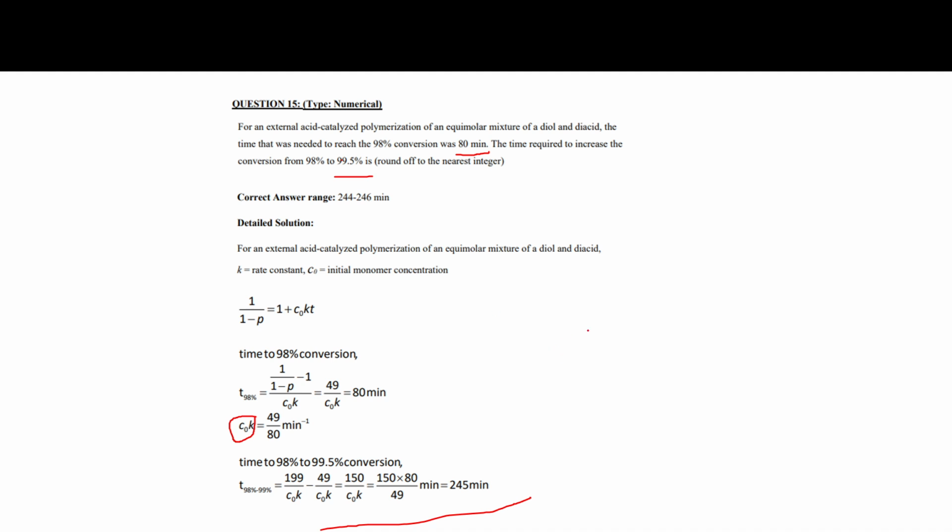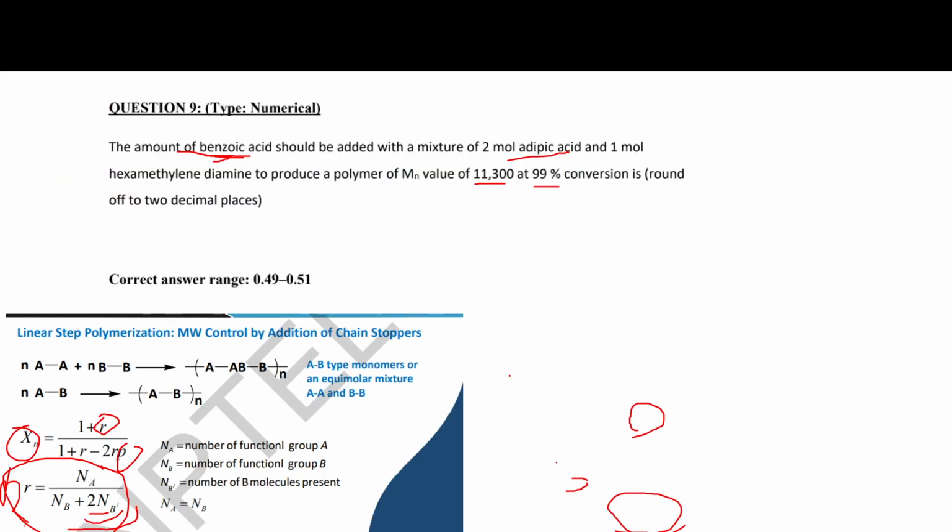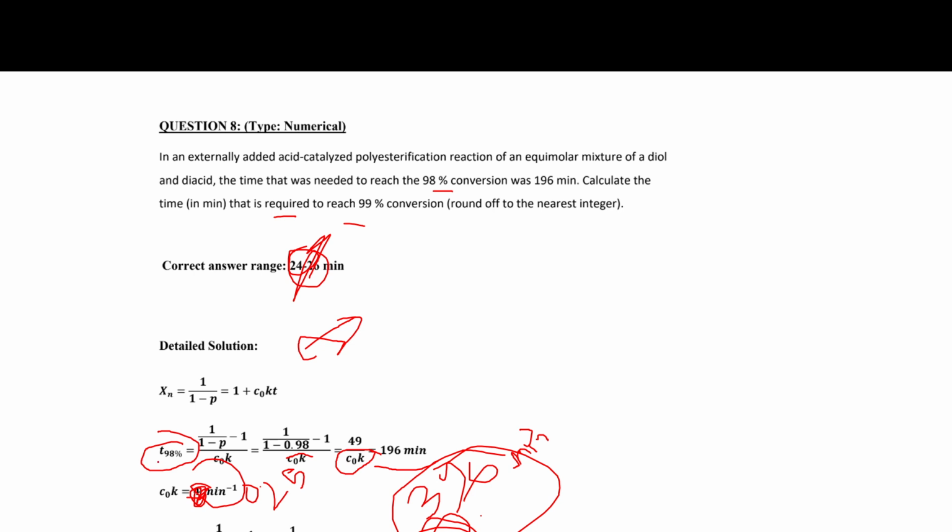If we use a similar equation, the expression will be 1 divided by 1 minus P, minus 1, divided by C0K.